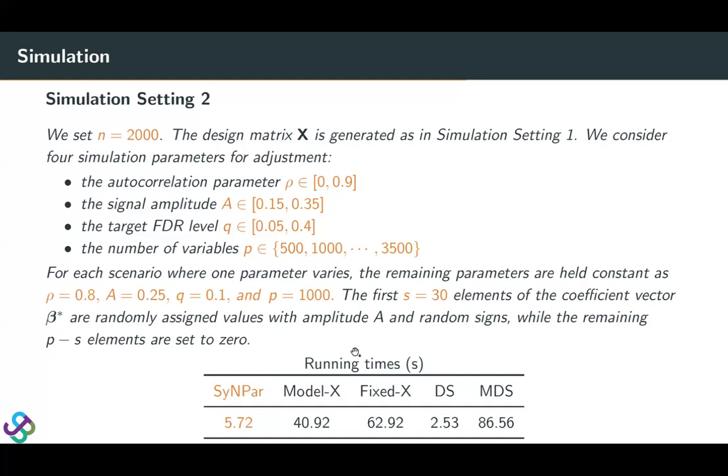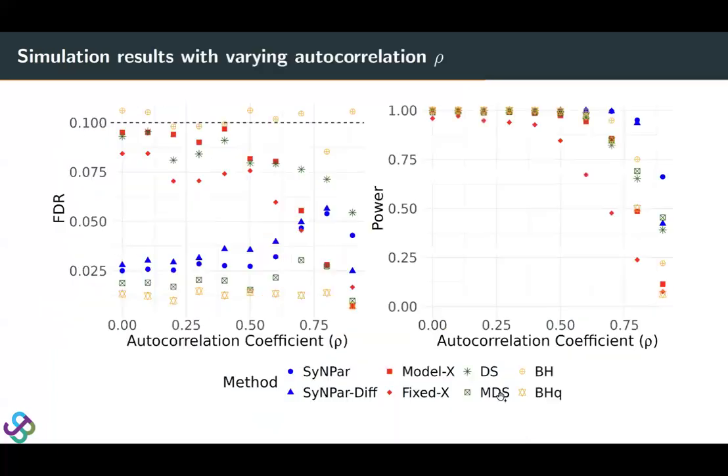First of all, SyNPar runs much faster than existing knockoff approaches: Model X knockoff, Fixed X knockoff if it satisfies a low-dimensional setting, data splitting, and multiple data splitting. Only data splitting is fast, but multiple data splitting is more stable.